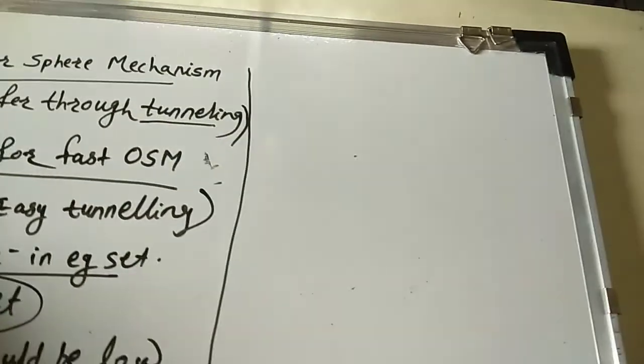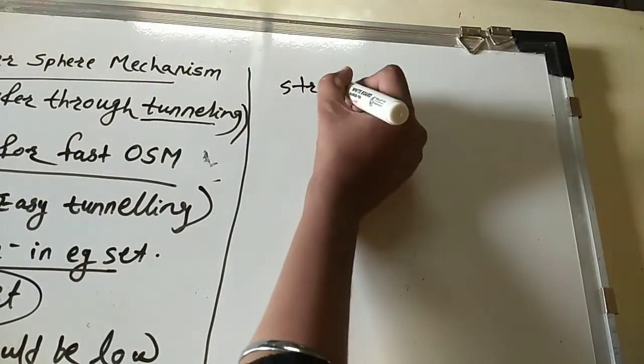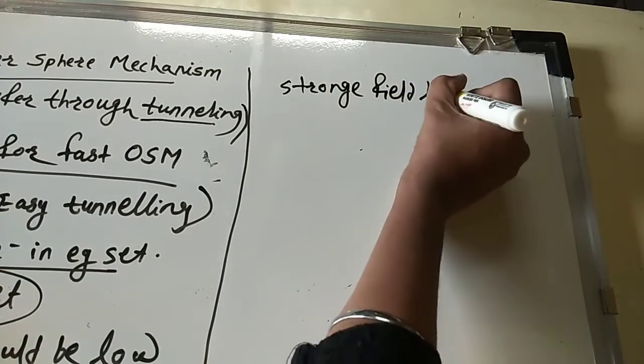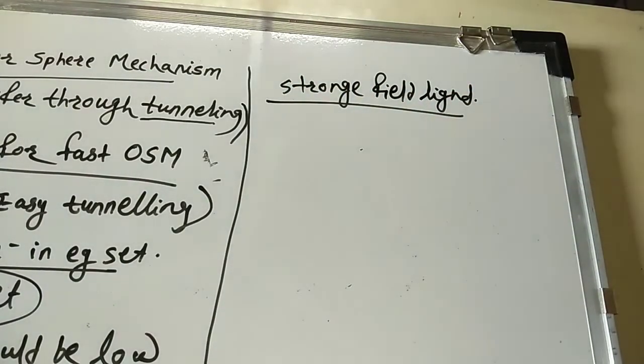Strong field ligand. This concept of low spin, high spin, weak field ligand and strong field ligand you have already seen in the TYBSc coordination compound theory.